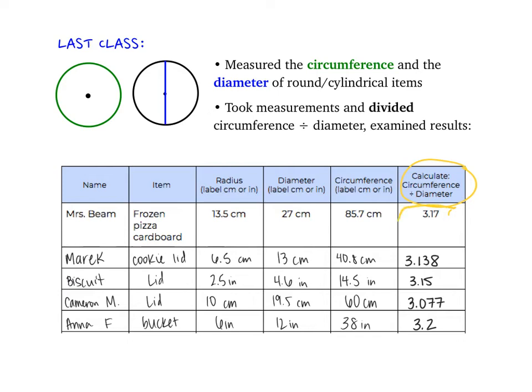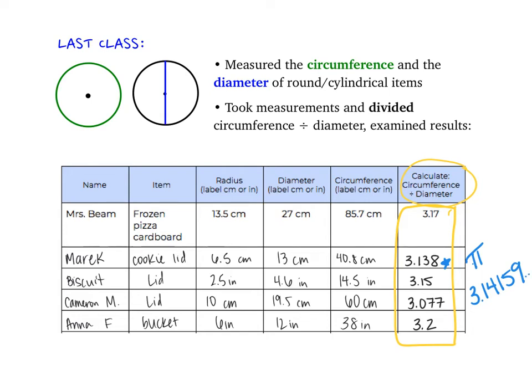If we look at all of these specifically, they're really close to a certain famous number in math. And especially if we look at Mark's, they're all really close to pi, which we know is 3.14159, so on and so forth.